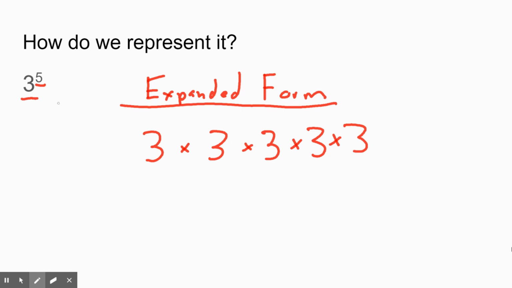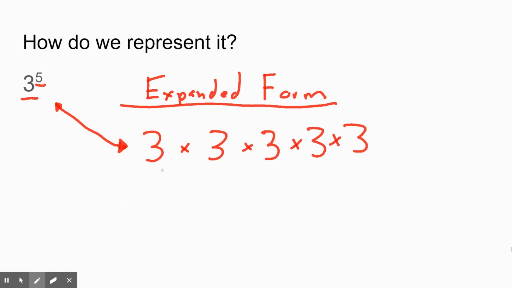We can easily switch between the two depending on which one we need to use. But if you need to evaluate something written as a power, the expanded form is going to help you do that. For example, if we were told to evaluate 3 to the 5th power, we would actually have to do this multiplication.